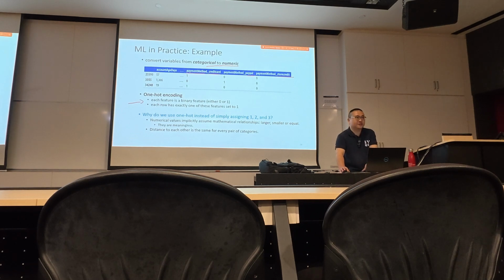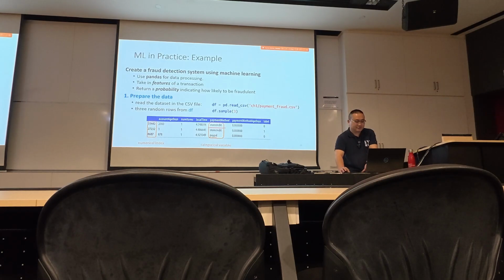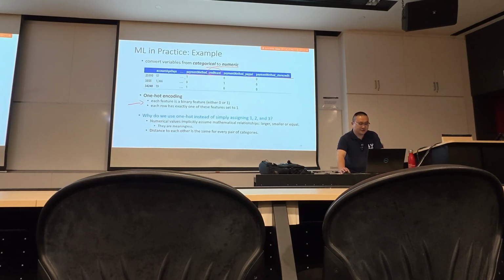Here you can notice the relation. Previously, for the payment methods, we had different values, such as store credit or PayPal. But instead of using the text, we extend it into multiple binary features. If the original value is credit card, we set that feature as one.